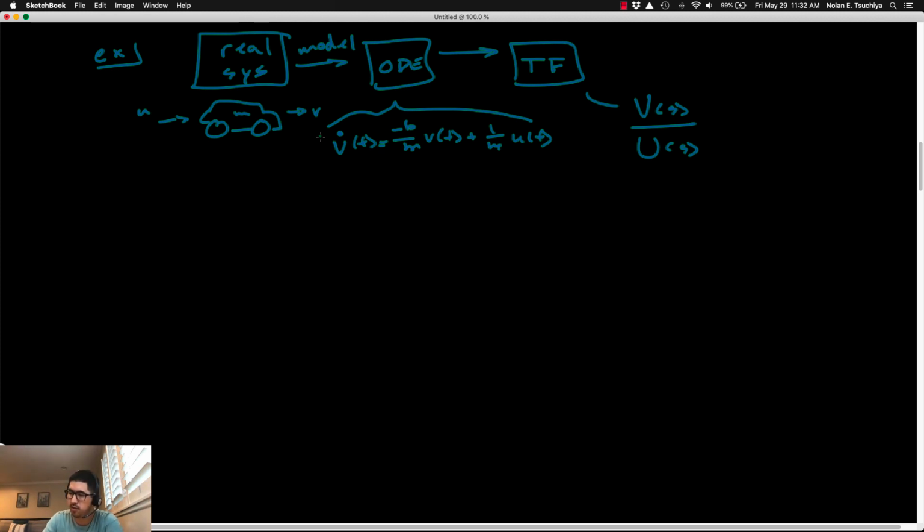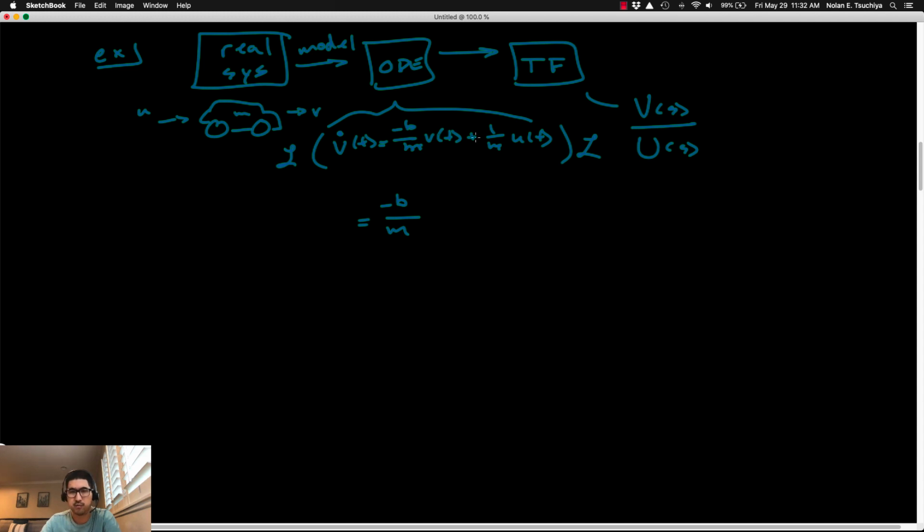So starting with this differential equation, let's take the Laplace of both sides. We'll start with the right-hand side because it's pretty straightforward. Minus b over m is a scalar constant, and scalar constants are allowed to just go down to the Laplace domain, so there's nothing you have to do with the scalar constant.